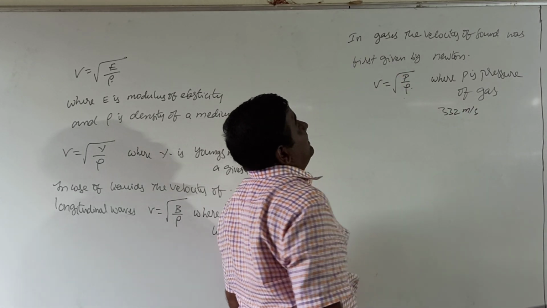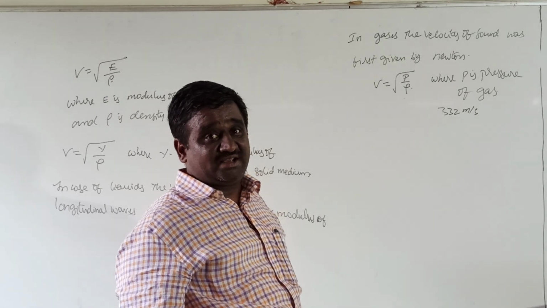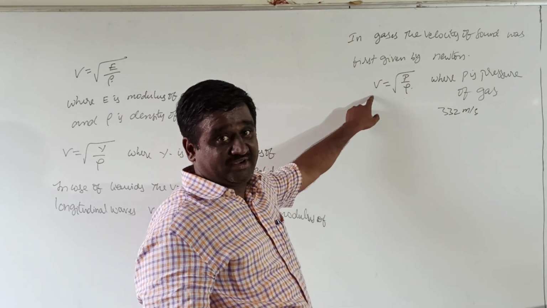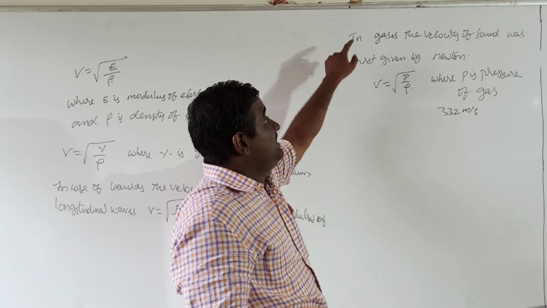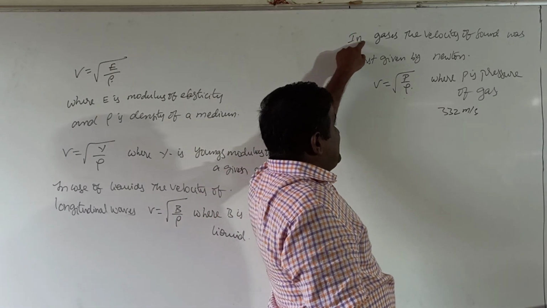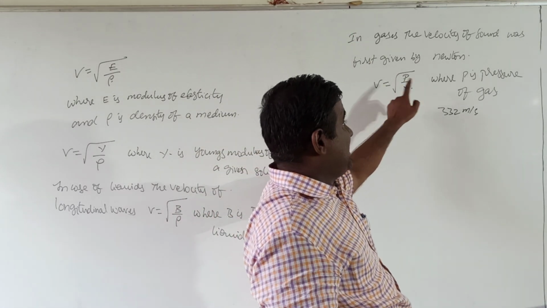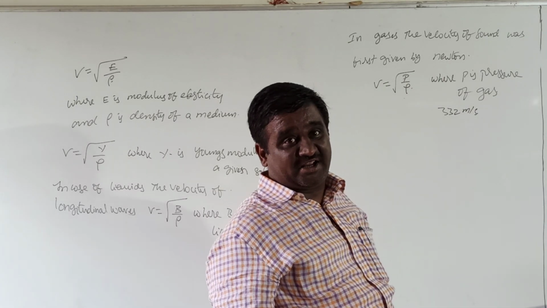So this Newton equation was corrected by Laplace, and it is called Newton's Laplace equation. Laplace corrected that the given gas medium is not an isothermal medium, it is an adiabatic medium.